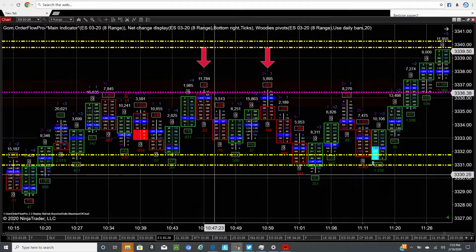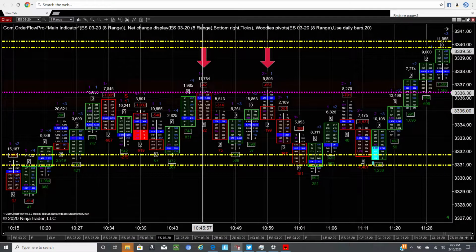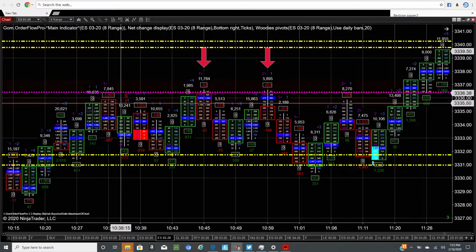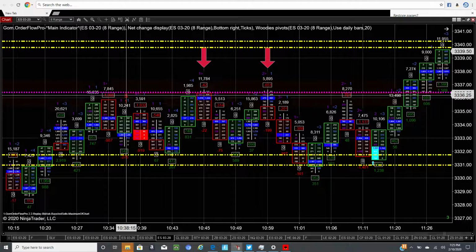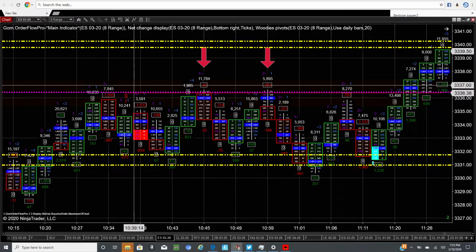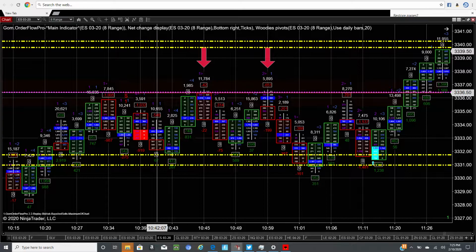We have a sell here. This one is based on the S1, which is a Woody's pivot. If you haven't used the Woody's pivots or you've never used the Woody's pivots, I highly suggest you look into them. They're awesome. So this hybrid is right at the Woody's pivot.